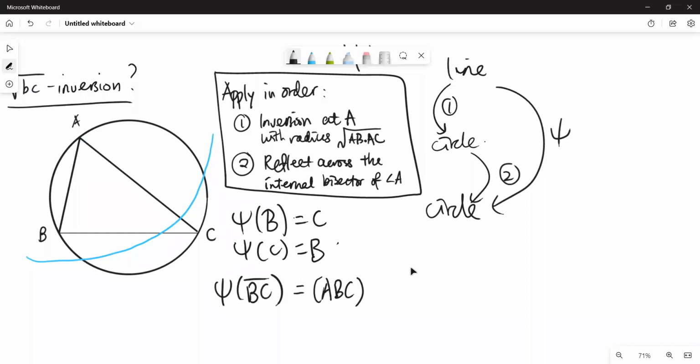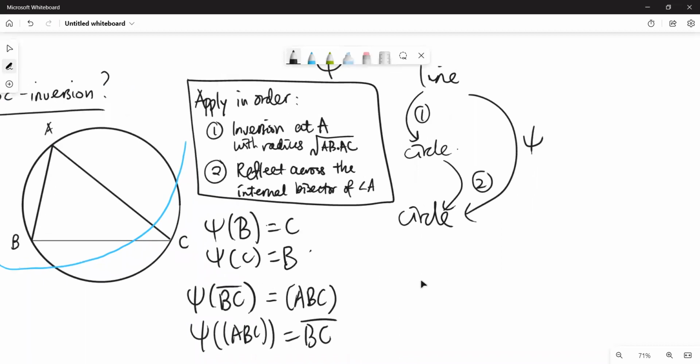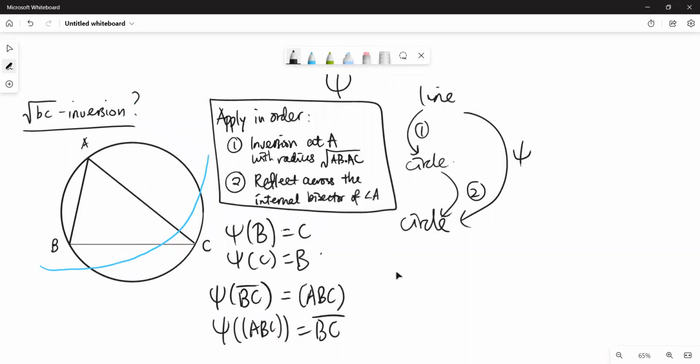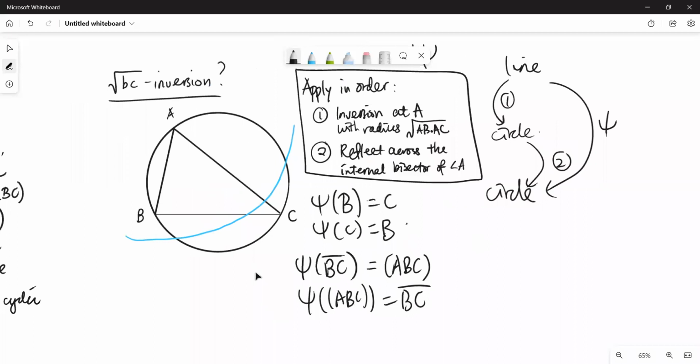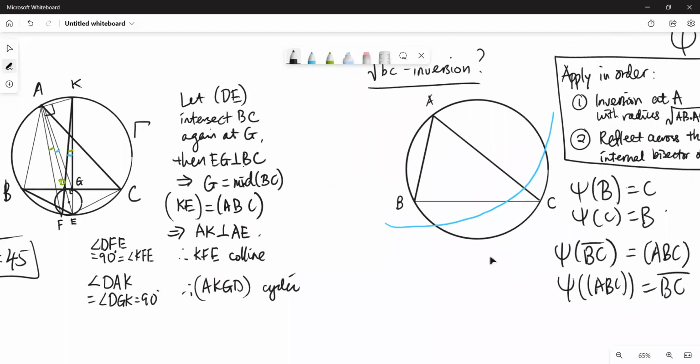And well, same thing. If we apply this to the circle ABC, we get back the line BC. So a bunch of nice properties here. Okay, but now let's apply this concept to the problem and see what we can find.